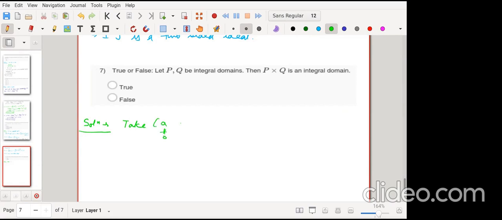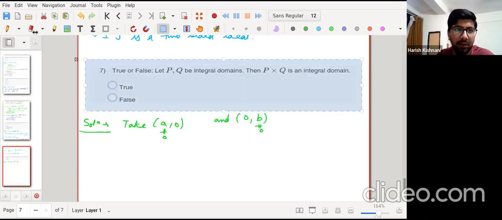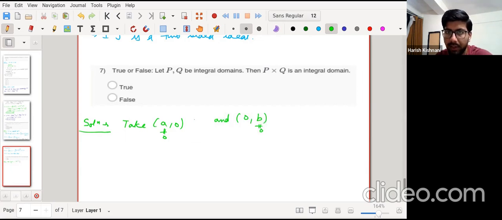Take this, and I should have written that it is inside P, and this is inside Q. Then you have (a, 0) times (0, b) is (0, 0).